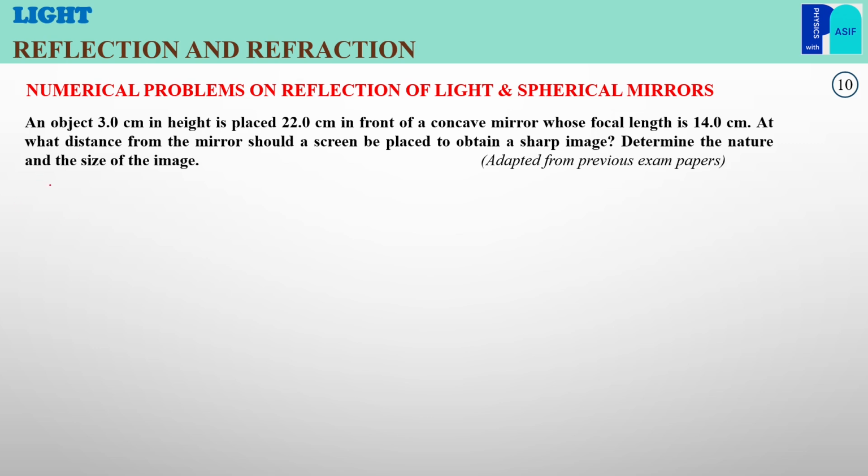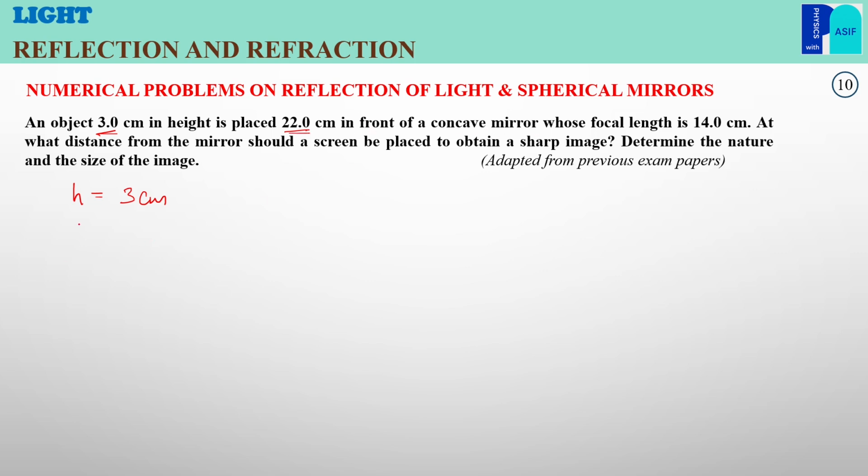Here, first of all, we note down the given values and also understand what we need to find out. An object 3 cm in height, that is the height of the object, h is equal to 3 centimeters, is placed 22 centimeters in front of a concave mirror.